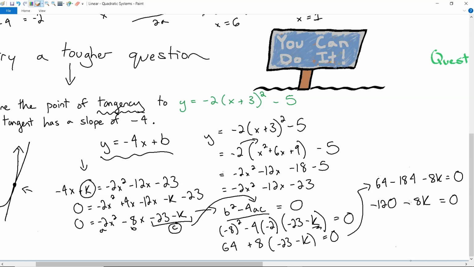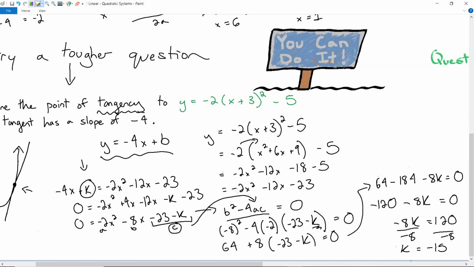And I'll leave my k on the left side. So this turns into a positive 120 since I moved it to the right. And then to isolate for k, divide by negative 8, and I get a value of negative 15.